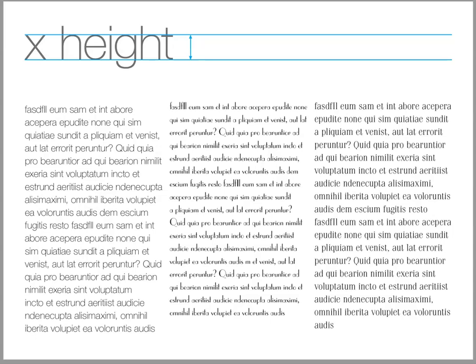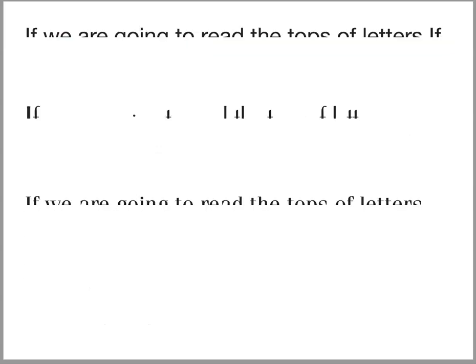Now the reason, and it's a scientific reason, is that when we read, we only read the tops of letters. We scan it with our eyes. If we can't figure out what it says, then we go back and read the whole word because we look at the whole thing. Now this all happens automatically.